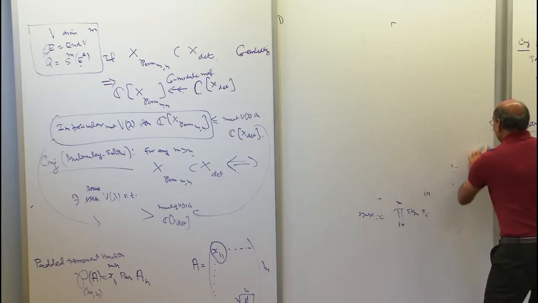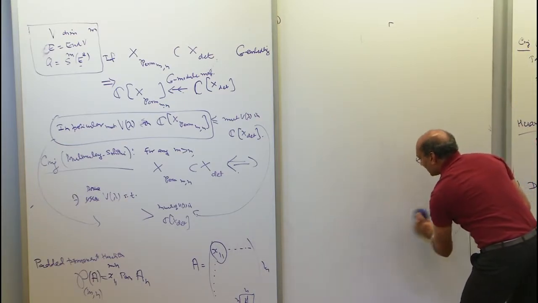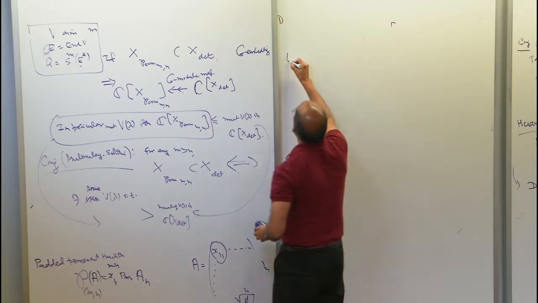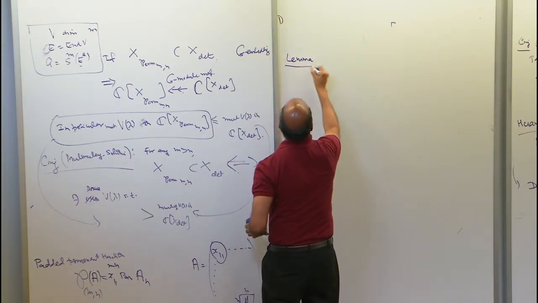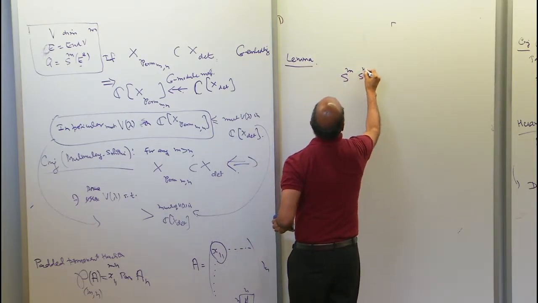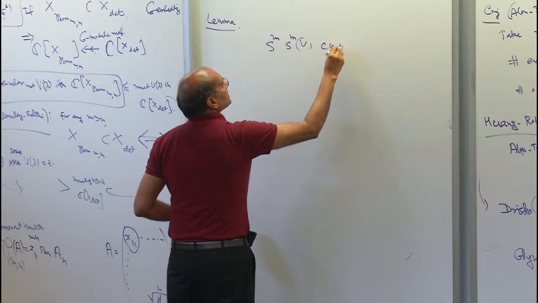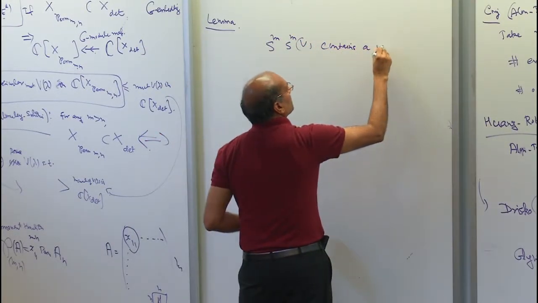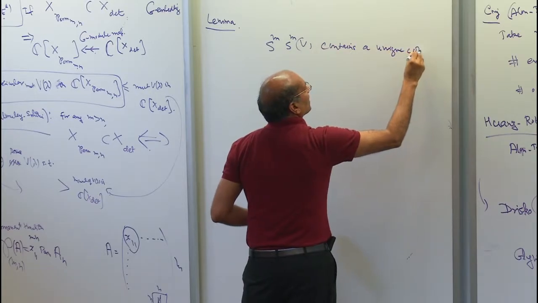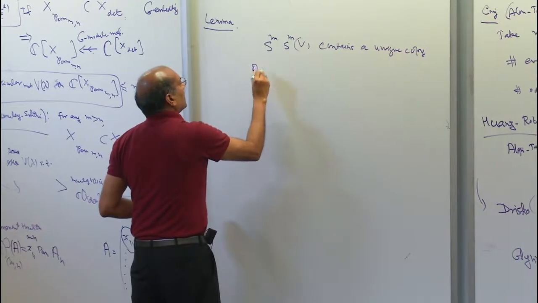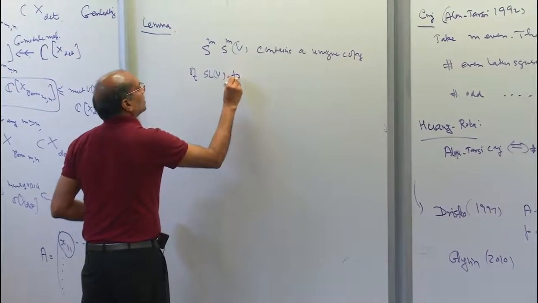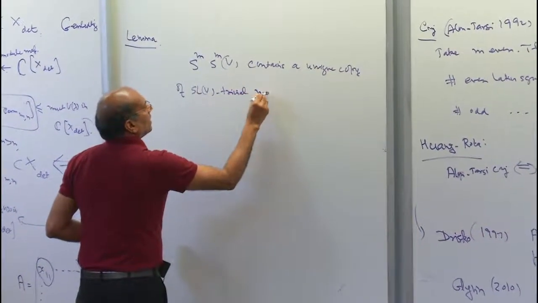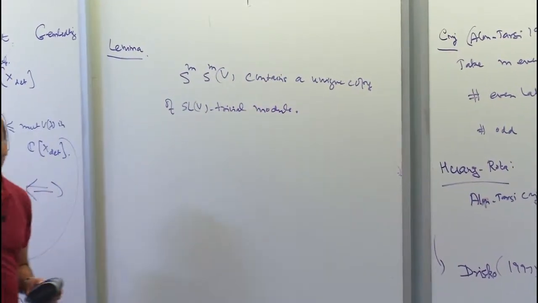Now it's a well-known, not too hard result, that SM of V contains a unique copy of the SLV trivial module. That's a simple result.